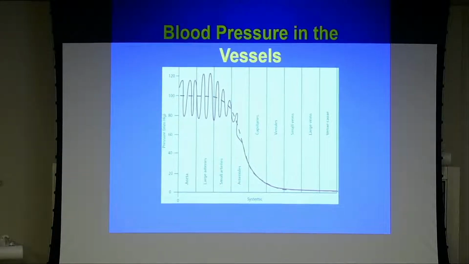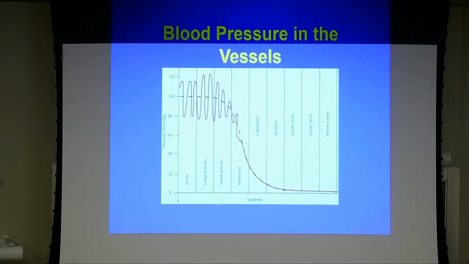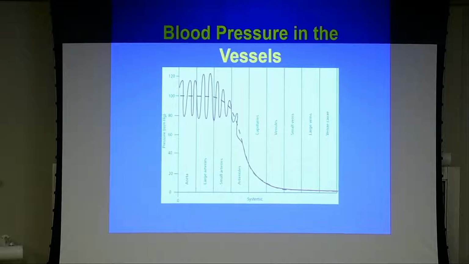It's the low pressure return. But you notice that much of that energy is dissipated through these arterioles, because this is where we get all this branching of the system into all these fine arterioles, and the energy is being dissipated by friction against the walls. There's further drop across the capillaries. So then by the time we get into the venules and coming back, we're down to that low pressure return.